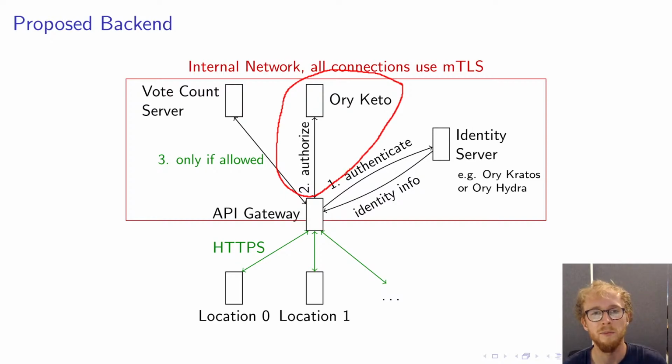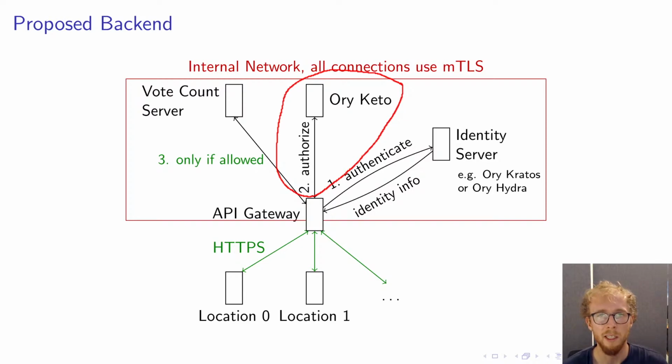And then after we've authenticated and authorized the request, we can forward it to the actual backend. All of the internal network is only accessible through the API gateway.